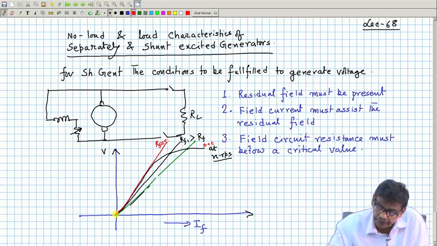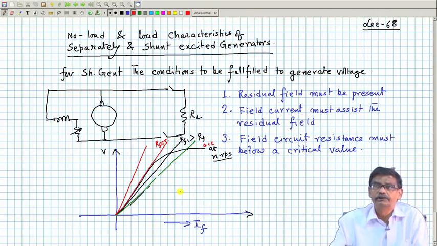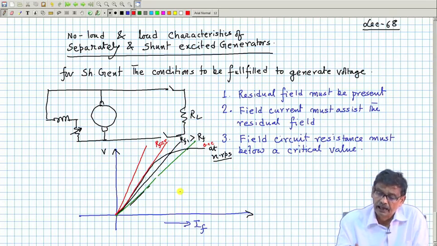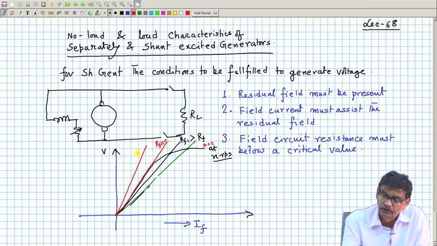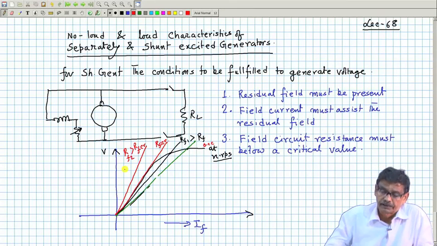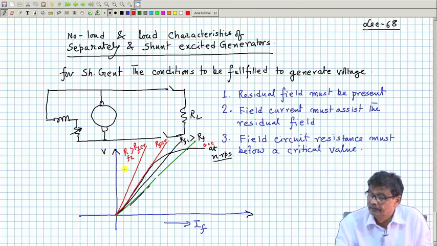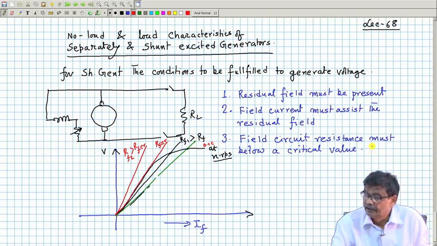If you make it bigger than this, then there is no point of intersection and no voltage will be induced. So, RF2, suppose greater than RF critical, no voltage will be induced. That is what I just wanted to mention. Perhaps I did not tell how it goes on and what the critical resistance, RF critical, is.